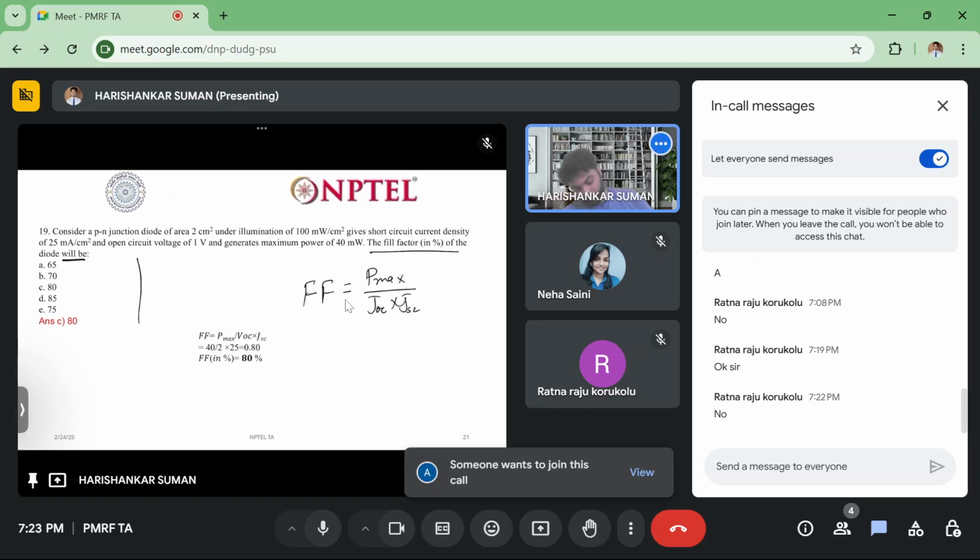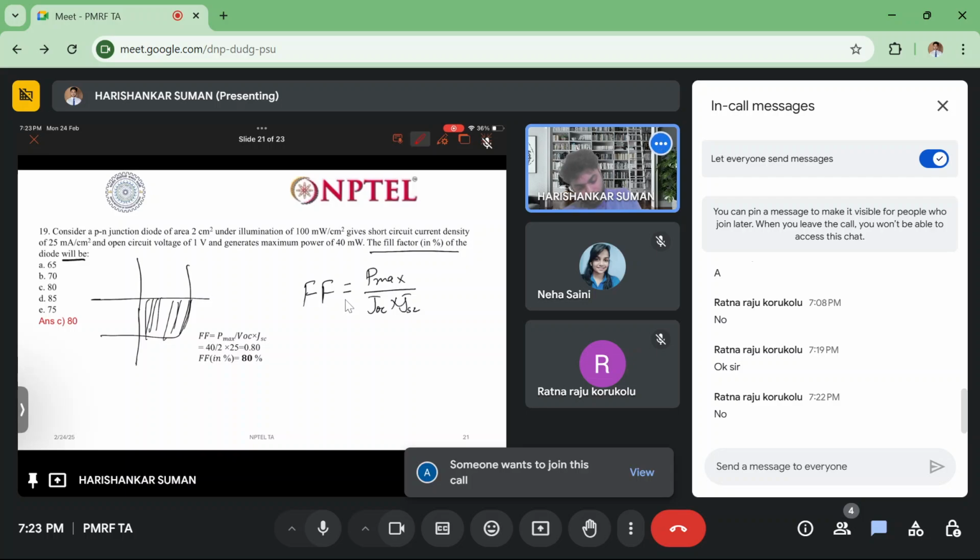We have already told you the ideal power by the ideal solar cell extract with respect to the real is known as fill factor, or you can write JMVM upon JSC, VOC.